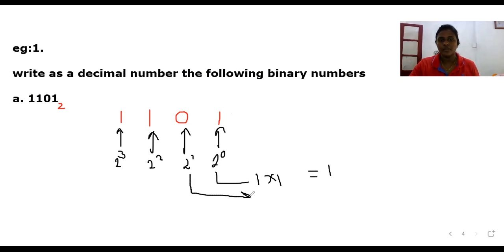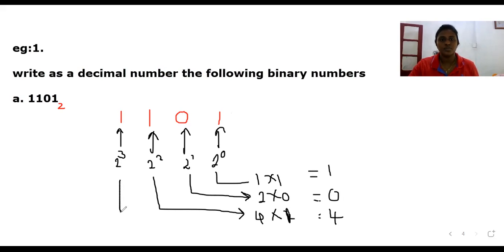Then 2 to the power 1 is 2, but 2 times 0 is 0. Next, 2 to the power 2 is 4. 4 times 1 is 4. Next, 2 to the power 3 is 8. 8 times 1 is 8.